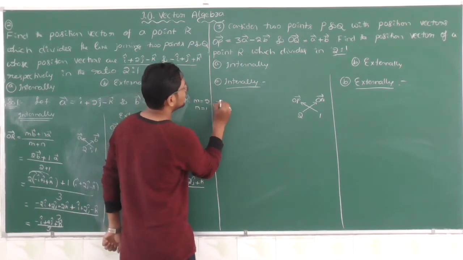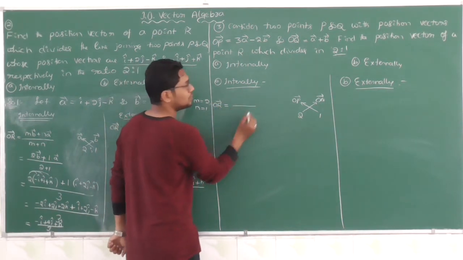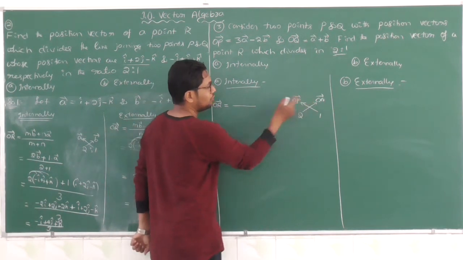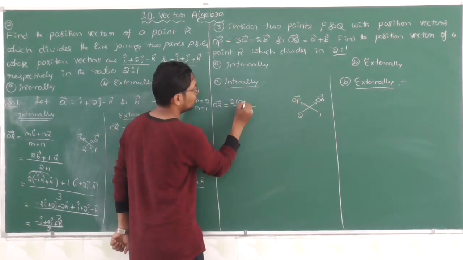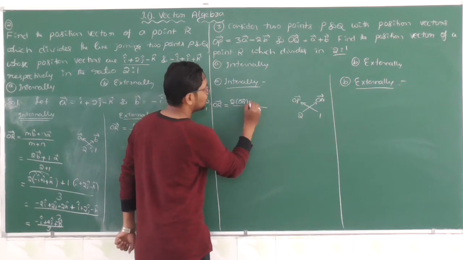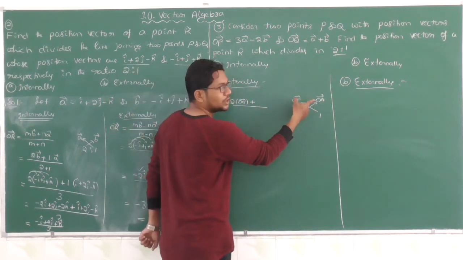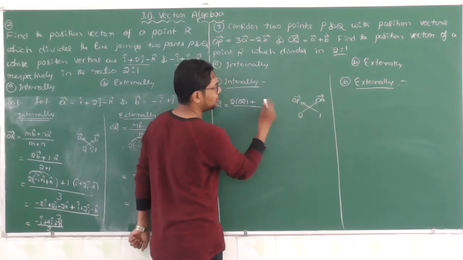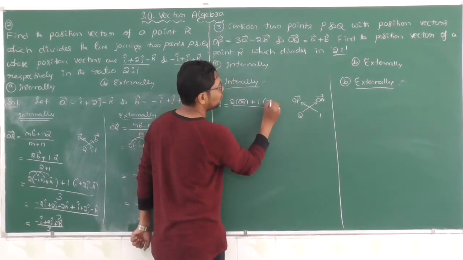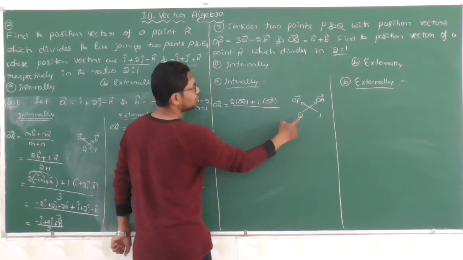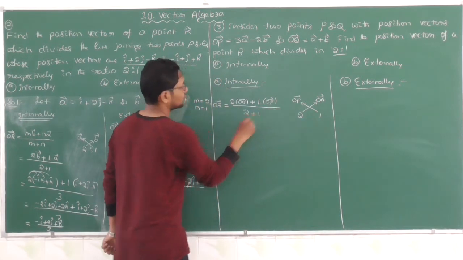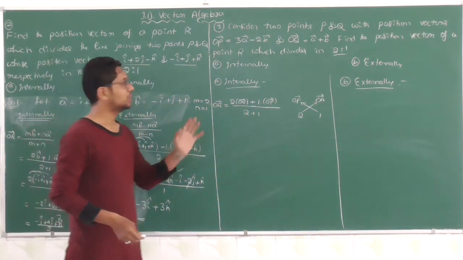OR vector, that is the required position vector, equals 2 into OQ vector plus, internally, 1 into OP vector, divided by 2 plus 1. Don't be confused.